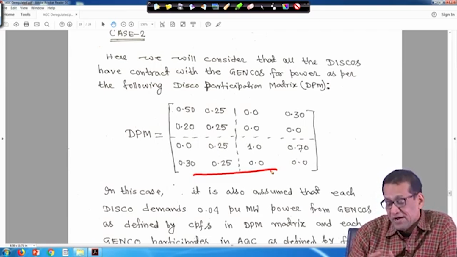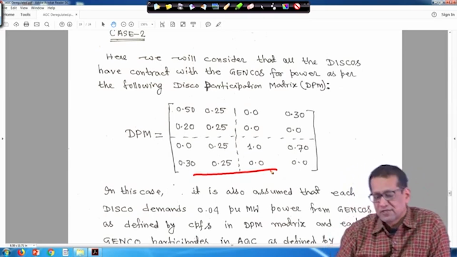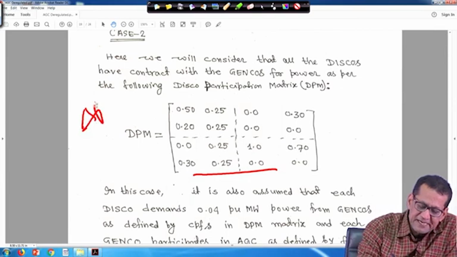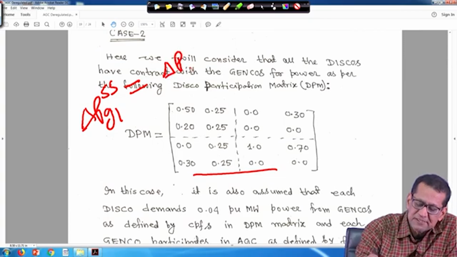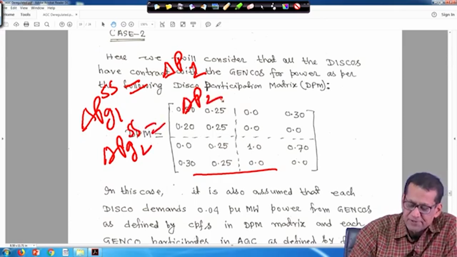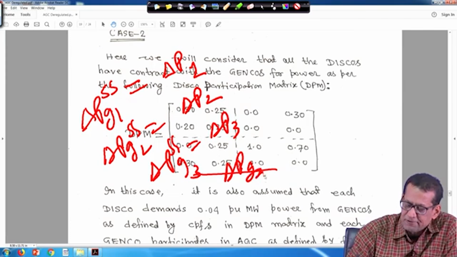In this case, you have to find out the delta Ptie you want to schedule, and at the same time delta P1, delta P2, delta P3 and delta P4, that is the contracted power demand. At steady state, again I am telling you, for this case delta Pg1 SS has to be equal to delta P1, delta Pg2 SS is equal to delta P2, delta Pg3 SS is equal to delta P3, and delta Pg4 steady state is equal to delta P4.